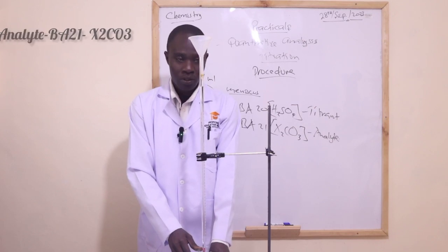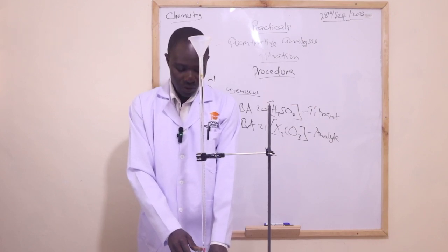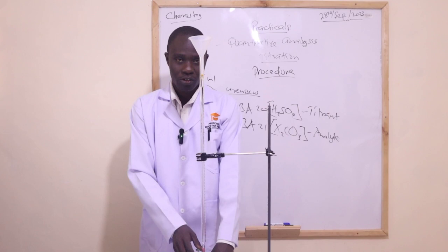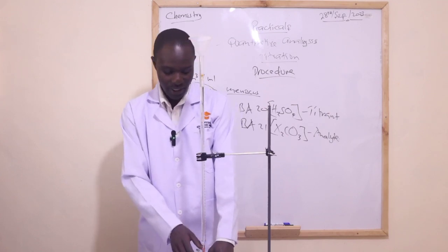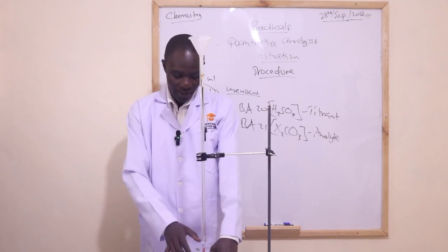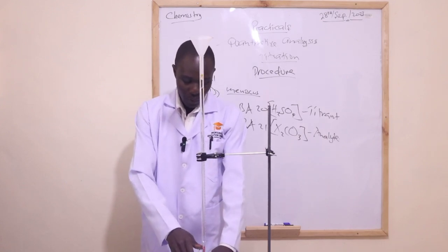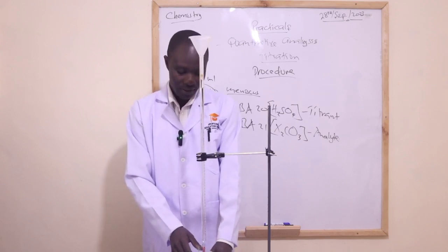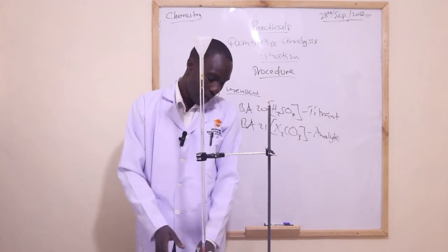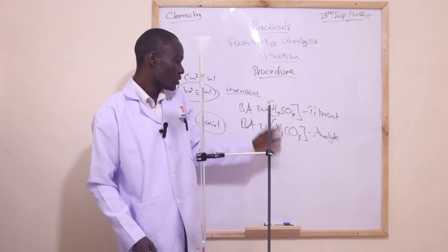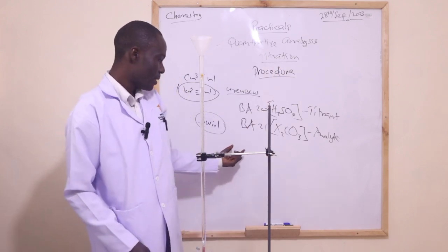As you do that, where your eyes should be set is on the conical flask. The conical flask is normally transparent, so even as you look through the walls, you can see if the color changes. Remember I told you that among the items we use, we have a white paper or a white tile.